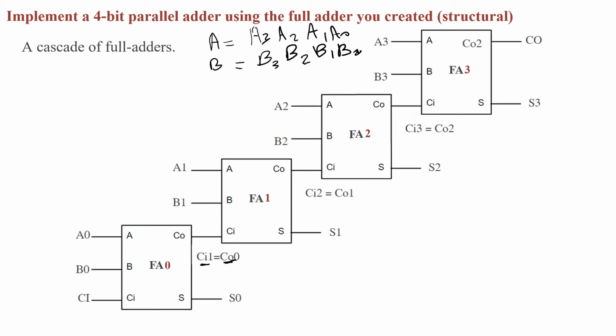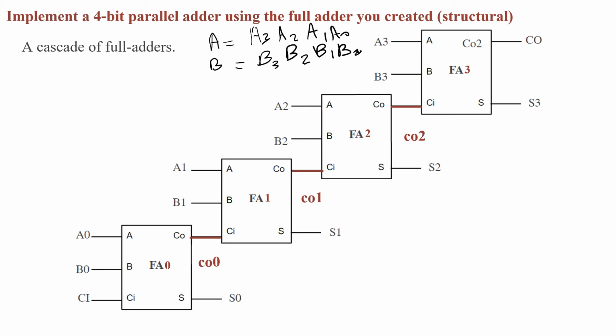So we want to give this a single name and repeat that for the rest of the signals. So we'll call this first wire Cout0, then Cout1, Cout2. And these are going to be our internal signals, since they're neither input ports nor output ports.